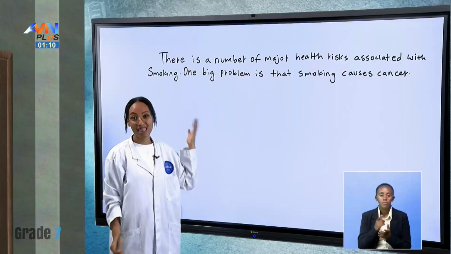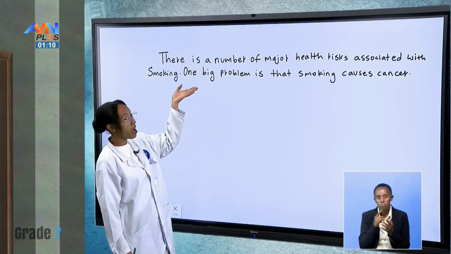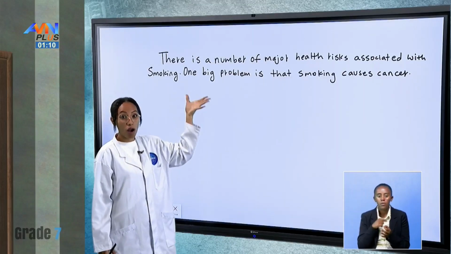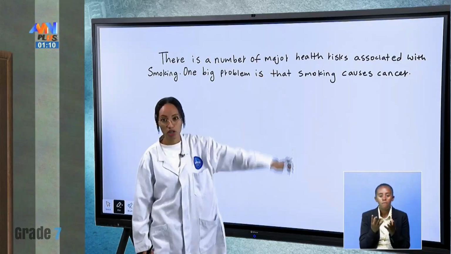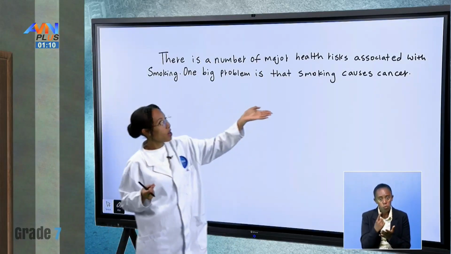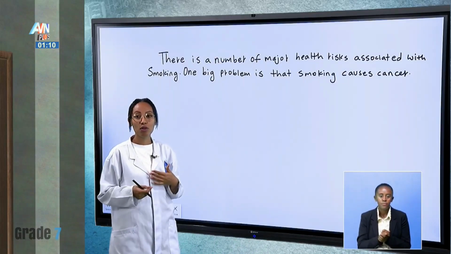So, from an idea, we have brought it to a sentence. We have given it more explanation, and we have said one big problem. So we said here a number of major health risks. Here we have taken one, that is what? Smoking causes cancer.